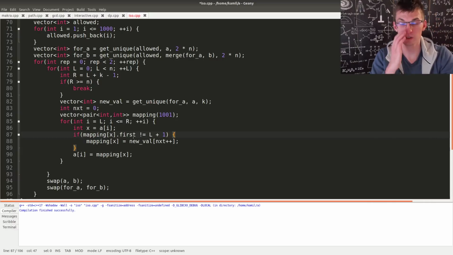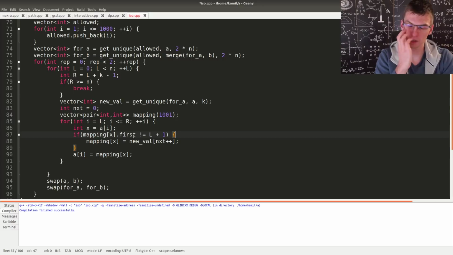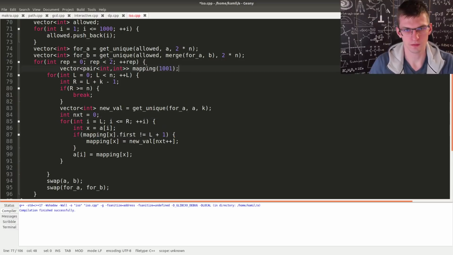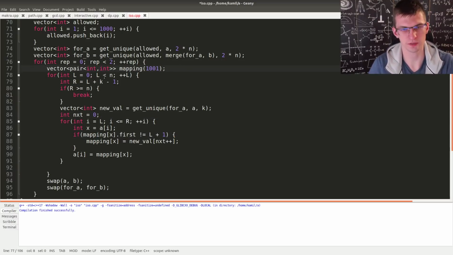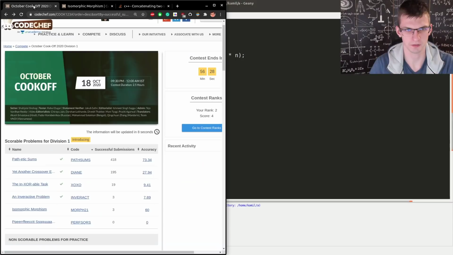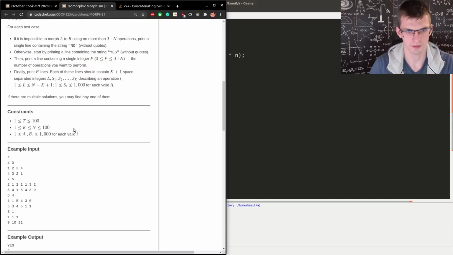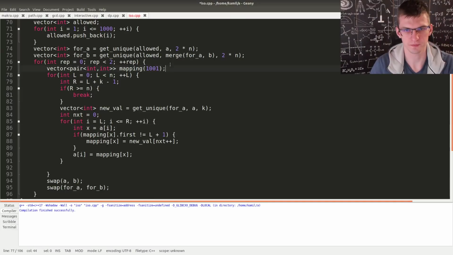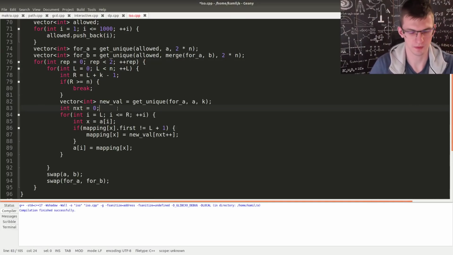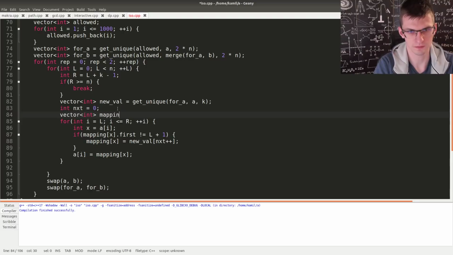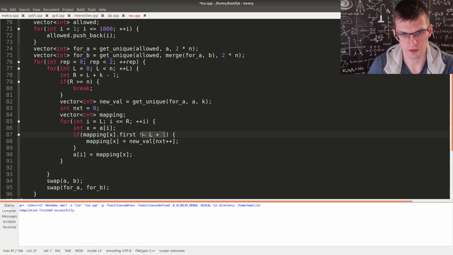Those are some hacks that I don't want to explain. Basically, I want to say if in this iteration I chose mapping for this guy. I don't want to have n times 1000. I'm a little bit scared. I shouldn't though. No. Let's not be scared.